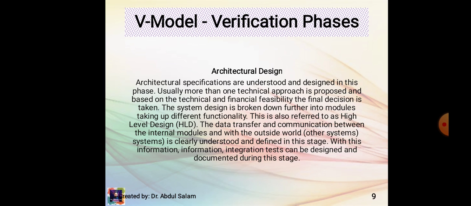This is also referred to as high level design (HLD). The data transfer and communication between the internal modules and with the outside world, other systems, is clearly understood and defined in this stage. With this information, integration tests can be designed and documented during this stage.